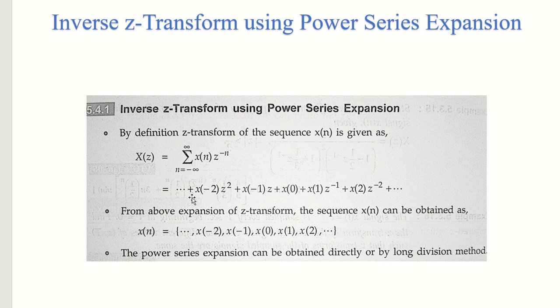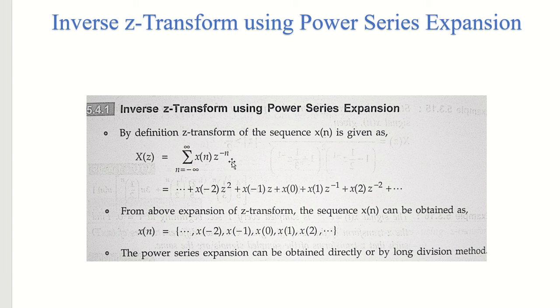It can be written as x of minus 2 z raised to 2, because minus 2 becomes plus 2, then x of minus 1 z raised to 1, x of 0 z raised to 0, x of 1 z raised to minus 1, x of 2 z raised to minus 2, plus so on, going up to infinity.